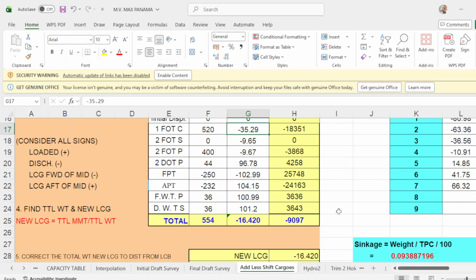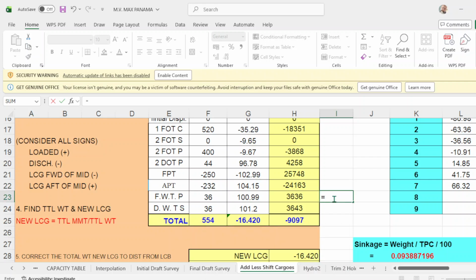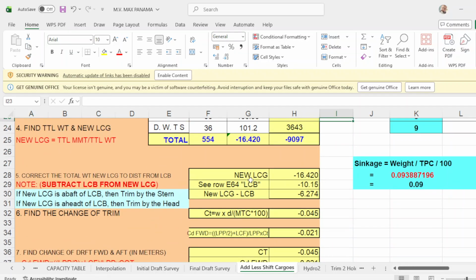So for example, this one equals total LCG moment divided by your weight equals 16.42. Okay, that's how you get your new LCG. So your new LCG is 16.42.